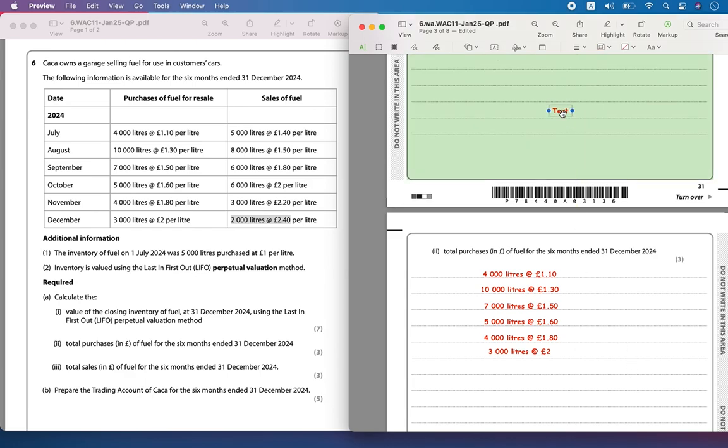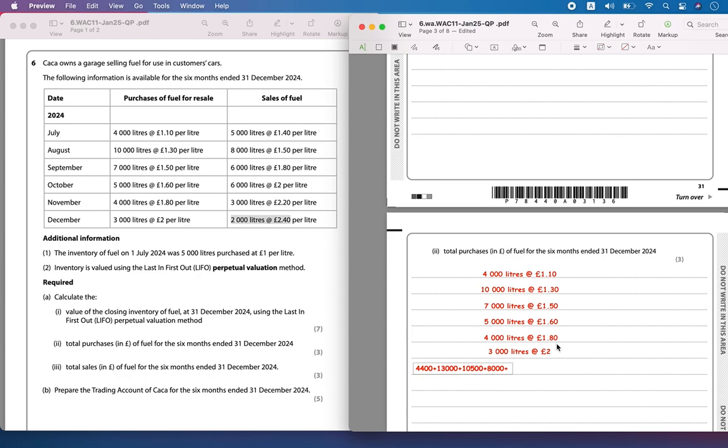Let's calculate and add up these values. 4,000 times 1.10 is 4,400. 10,000 times 1.30 is 13,000, plus 7,000 times 1.50, which is 10,500, plus 5,000 times 1.60, which is 8,000.